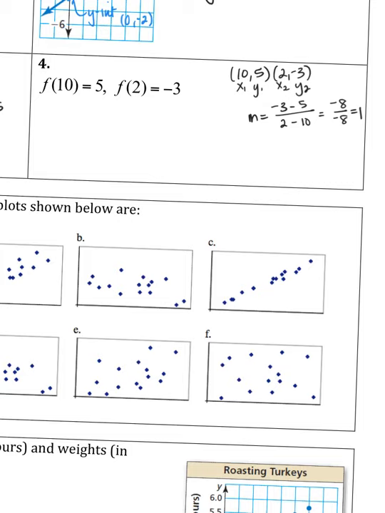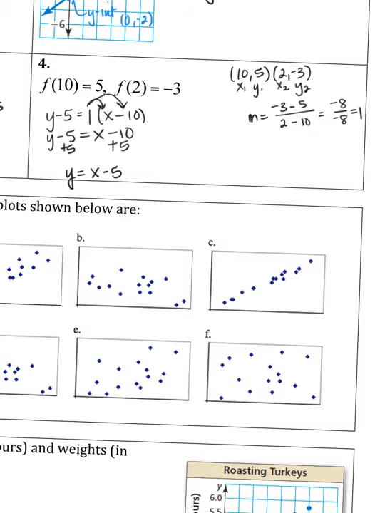So let's do that. y minus 5 equals m, which is 1, times x minus x1, which is 10. Well, 1 times x and 1 times negative 10, nothing happens. It stays the same. And to get y by itself, I add 5 to both sides, and we'll get y equals x minus 5 as our final answer.